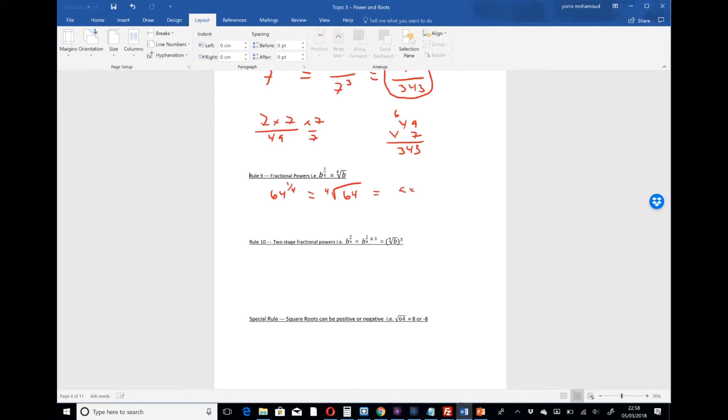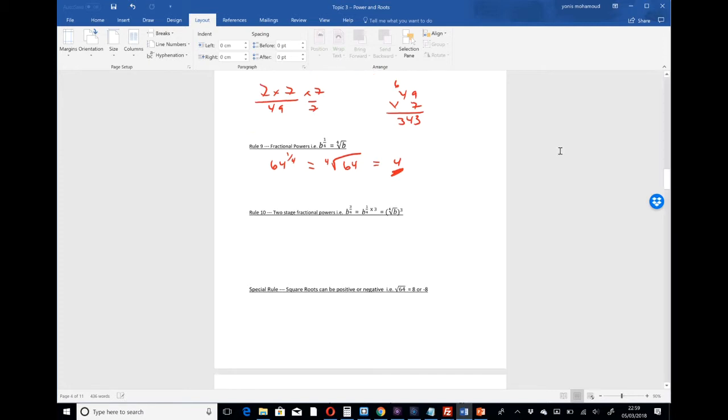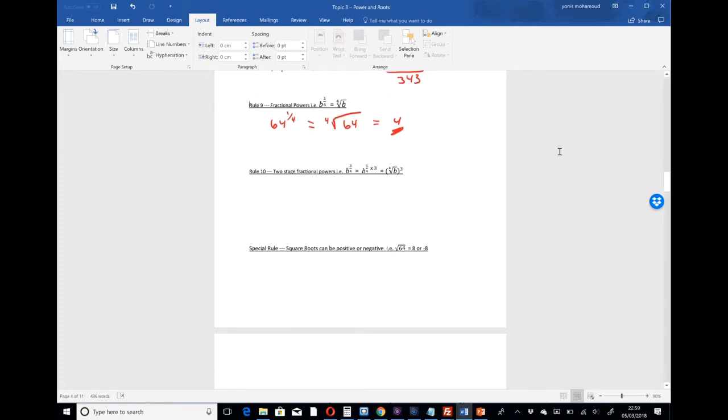So a times a times a times a gives me 64. The only number that I could think of that could give me 64 by multiplying itself 4 times is 4.